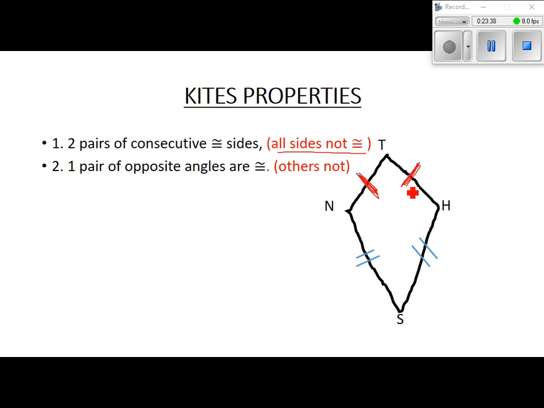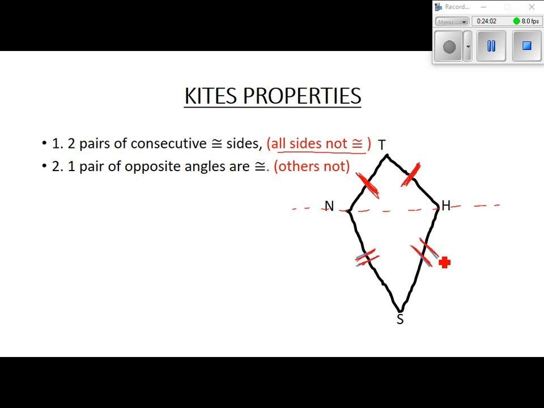When I'm looking at a kite, usually what I think of is if I split this shape, so I have two sides and two sides, split it right like that. These two sides are congruent, the two that are right next to each other, and these two sides are congruent. So a kite isn't a rhombus, it's not a square, it's not a rectangle. It's got to be that way.